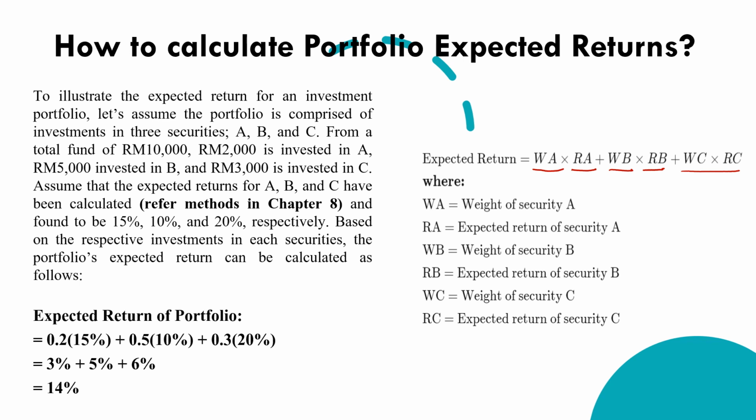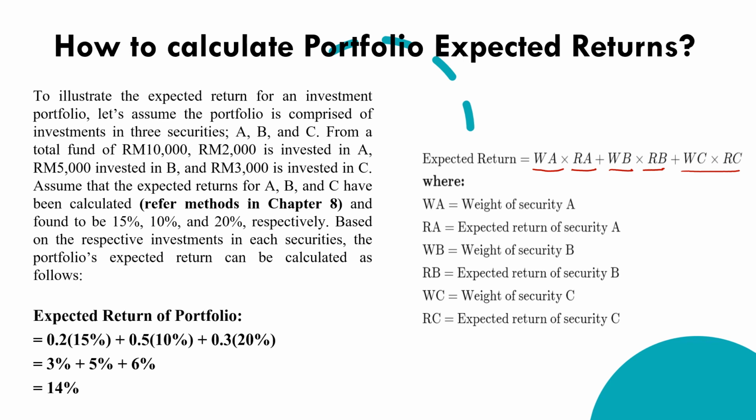The weight of each security in the portfolio, on the other hand, can be determined by taking the value of each of the securities and dividing it by the total value of the securities. Once the expected return of each security is known and the weight of each security has been calculated, an investor can simply multiply the expected return of each security by the weight of the same security and sum up the product of each security.